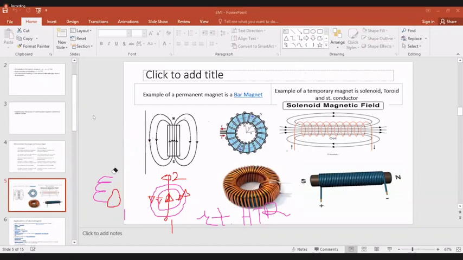See, if I draw the diagram here, right hand thumb rule, this is my terminal 2, terminal 1, then current is flowing in the downward direction. I'm changing the direction of the current. Then according to Oersted, the magnetic field lines generate around the conductor like this.